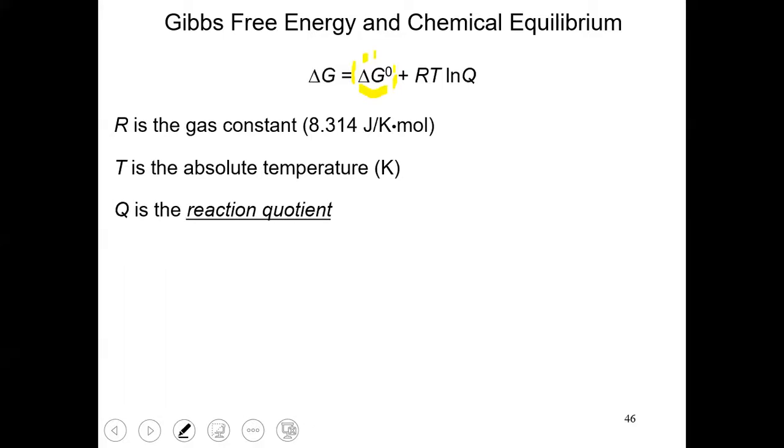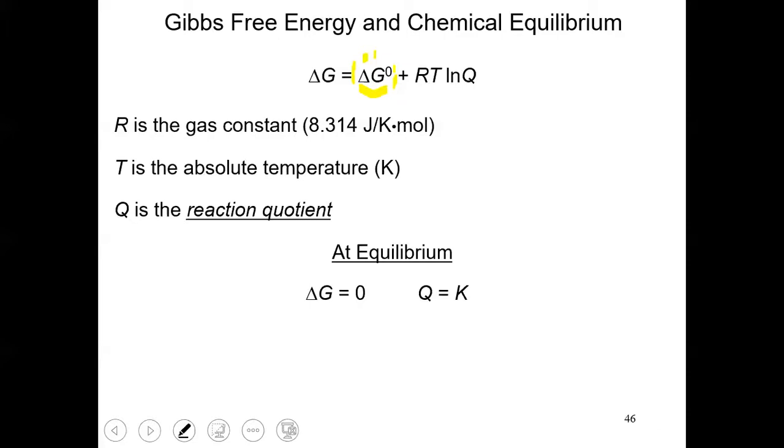Remember that we calculate the reaction quotient the same way we would calculate an equilibrium constant, except that we are not guaranteed that the product we get is going to be the same as equilibrium concentrations. So if we think about it, at equilibrium, we said delta G equals what? 0, right? So if delta G equals 0, we can rearrange this equation and find that Q at this point is going to be equal to the equilibrium constant, because that's what Q is when you're at equilibrium.